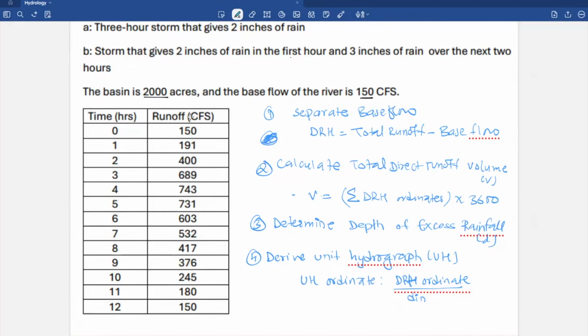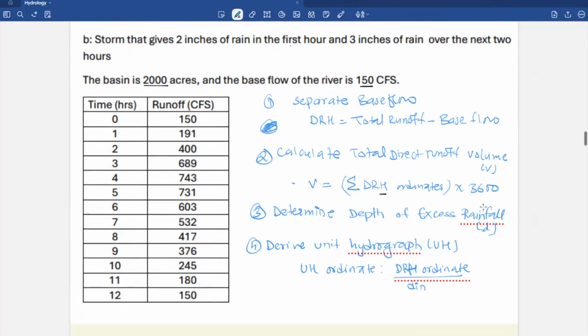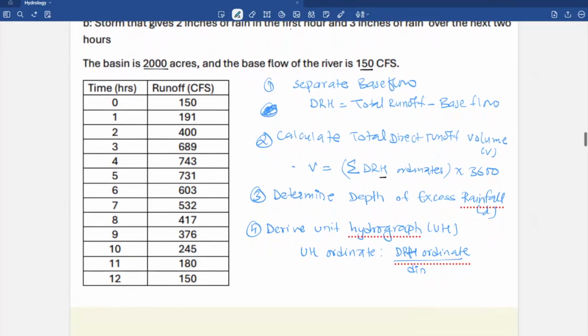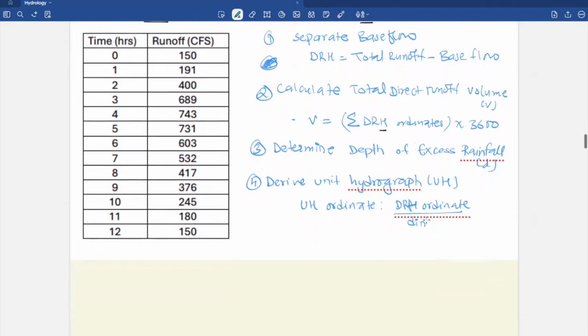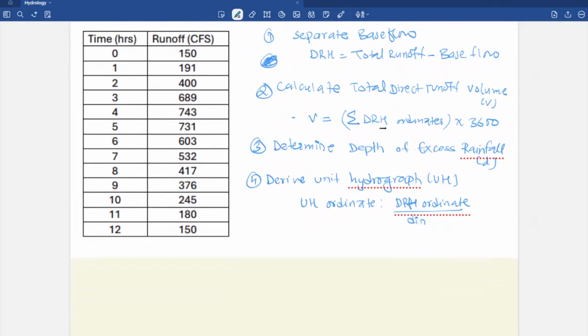After base flow separation, we compute the direct runoff hydrograph, and I will show you later how we compute that. The third step is determining the depth of excess rainfall. To convert volume to depth, we divide by the basin area. And at last, we will derive the 1 hour unit hydrograph.